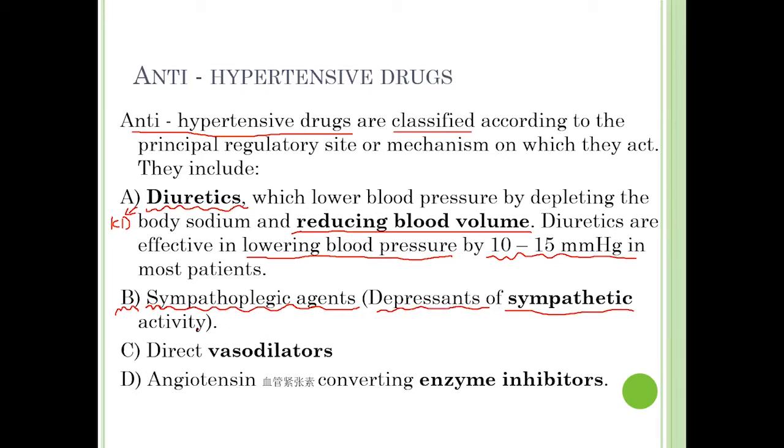We know the sympathetic nervous system mainly talks about actions. They make the heart jump faster and stronger, and also make blood vessels contract, and truly cause the hypertension.